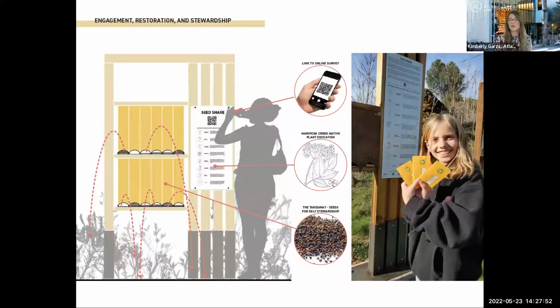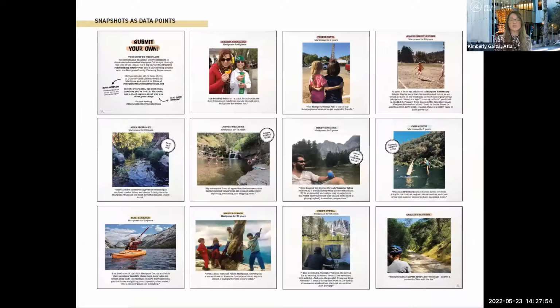And then our third engagement strategy through this process was the This Must Be the Place social media campaign. So as this project kicked off during COVID, we switched gears from a physical installation to an online engagement strategy. We had folks share their favorite place or event within Mariposa.